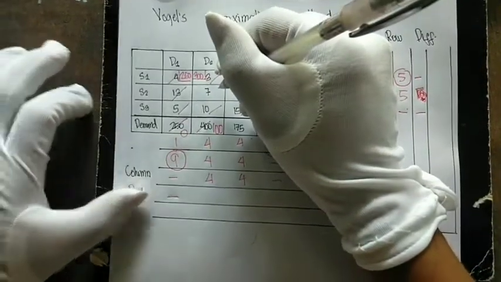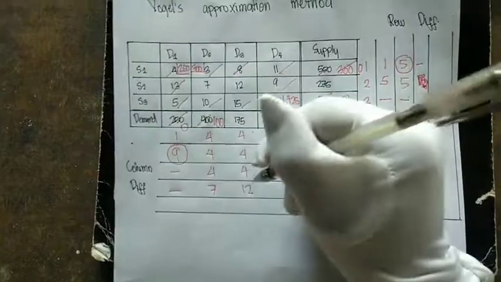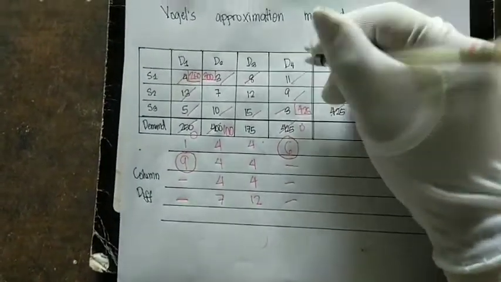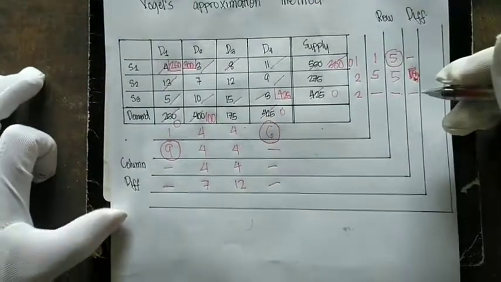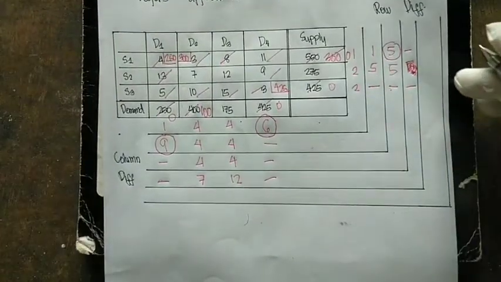The second column will have 7, the third column we will get 12, and the last column will be cancelled because we cannot have a value to determine this column. So we will identify the biggest value for this column penalty. So our biggest value, among 7, 12, and 5, is number 12.